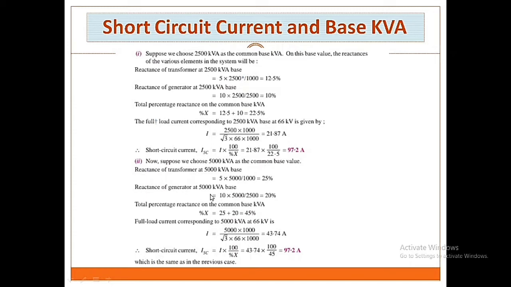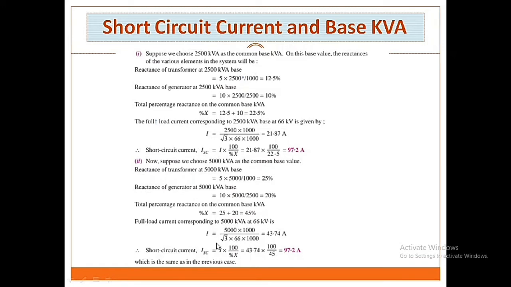And for generator, now the base kVA is changed to 5000. This is the rated kVA and this is the percentage reactance at rated kVA, which is equal to 20%. Now the total percentage reactance on the common base is 25 plus 20, 45%.